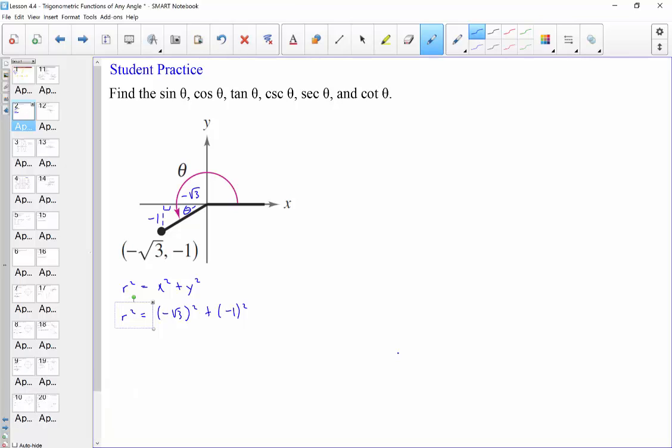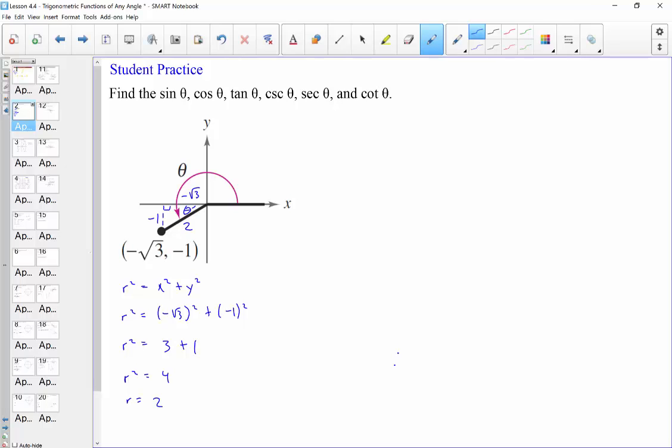So r squared equals -√3 squared, which is +3, because a negative times a negative is a positive. √3 times the square root of 3 is 3. Plus -1 squared, which is +1. So r squared equals 4. To solve for r, we take the square root of both sides, and we get r equals 2. Now we can go ahead and label the hypotenuse of the triangle as 2.